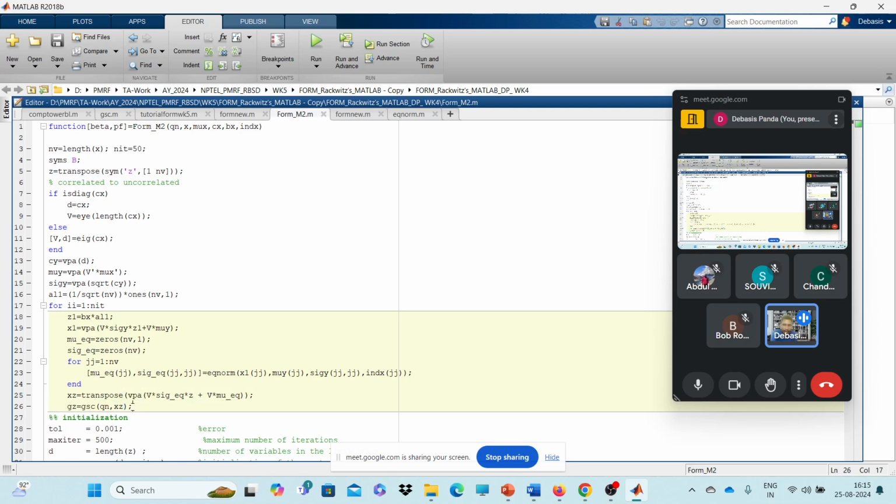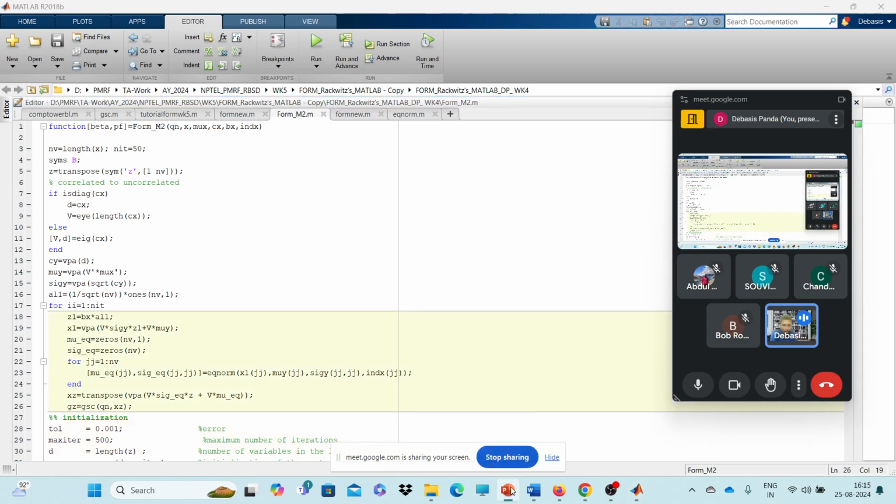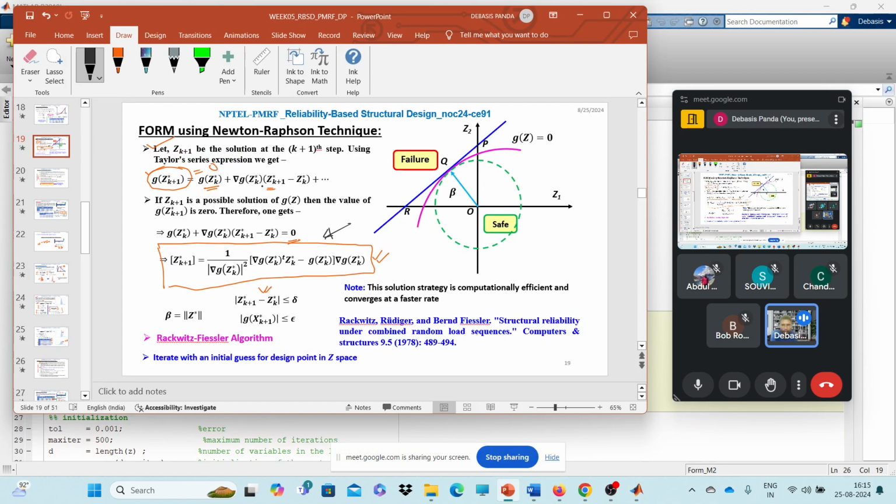So up to this point we have our limit state in the z domain. Now go to that technique. What we need to do first is start from a solution and then look for convergence. So basically we need to write this equation. What is that? Gradient of g at z_k.